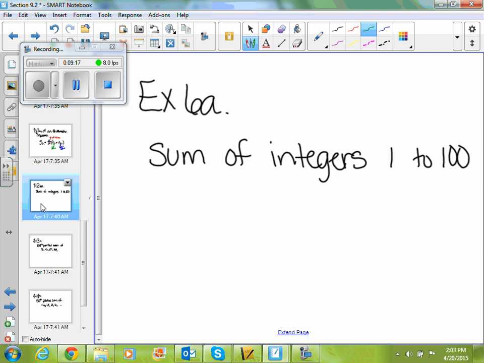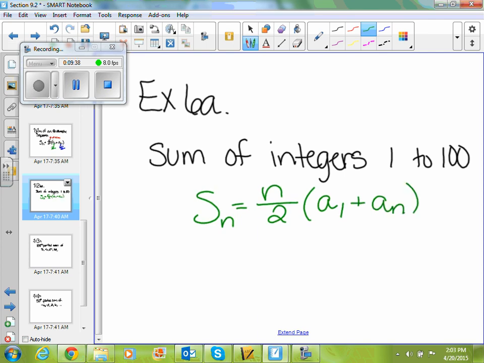Okay. Alright, so if I look at example 6a, I'm asked to find the sum of the integers from 1 to 100. So I'm finding the sum of n terms is equal to n divided by 2 times a sub 1 plus a sub n.